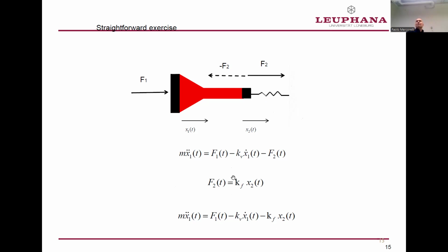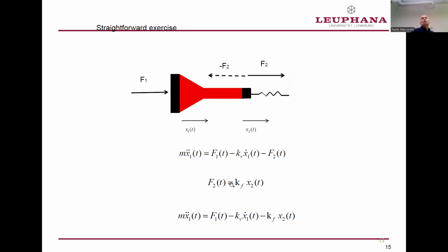This means I plug this in here, and I have this expression here. Here we have a wall. I have a better representation. Here it's fixed. Please imagine this point is fixed. In a few minutes I give you a better one.